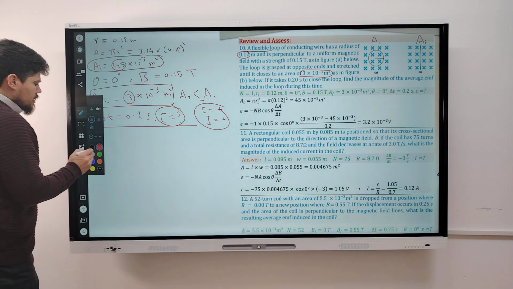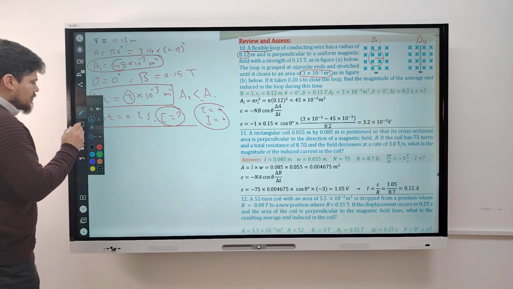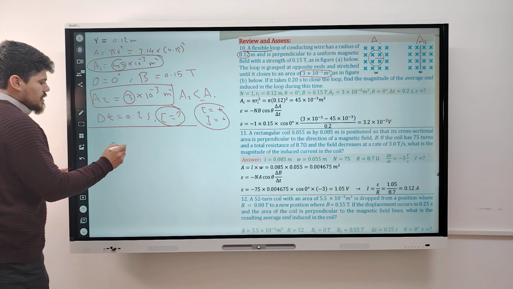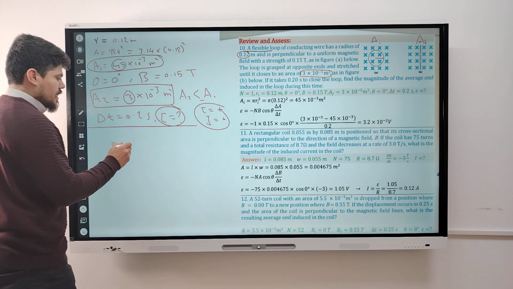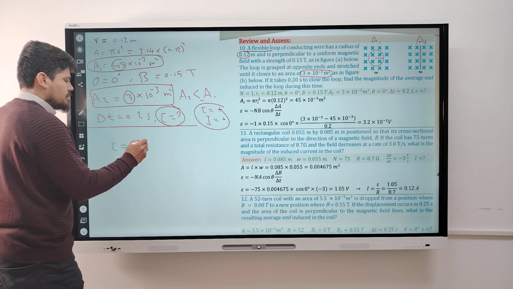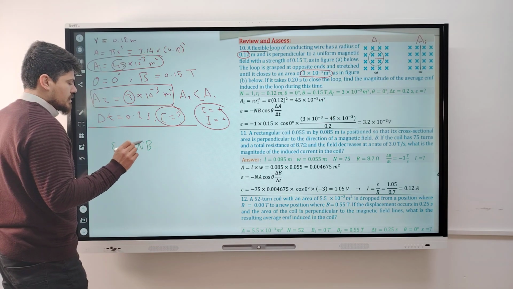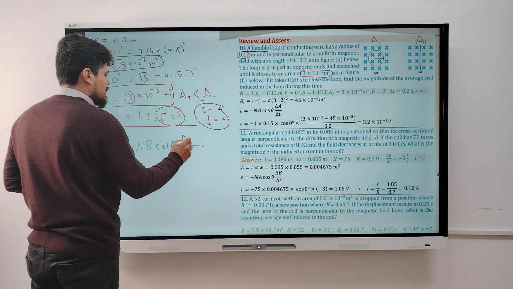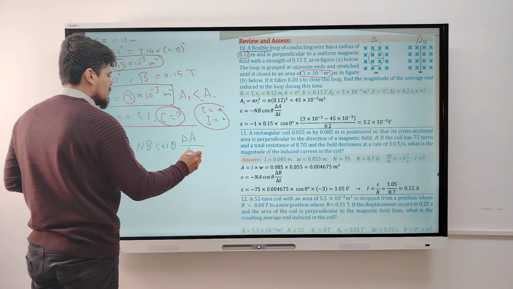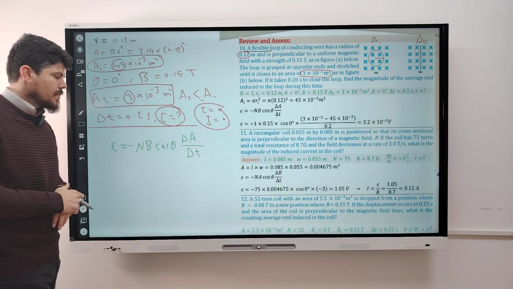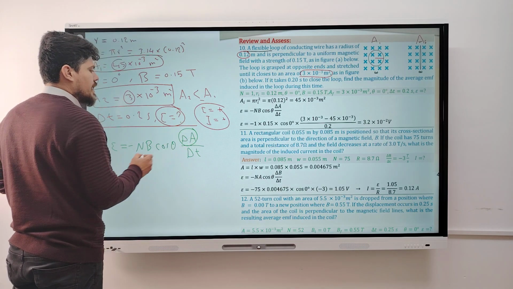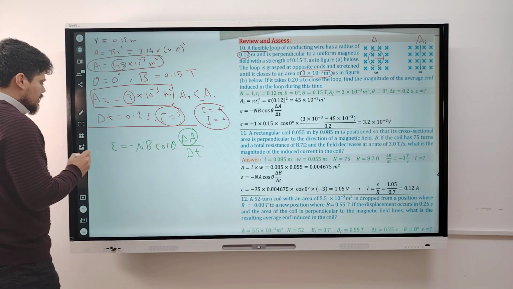When the area is changed, according to Faraday's law, induced EMF is equal to what for changing area? It is equal to N B, not A. Be careful, okay? N B cosine theta delta A over delta T. So this equation can be used when area changes, okay?